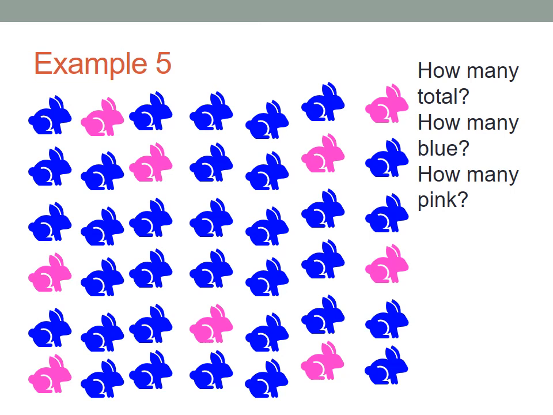I want you to count how many total rabbits, how many blue rabbits, and how many pink rabbits. This time I'm going to give you 30 seconds. If you haven't finished counting, you probably want to pause it.